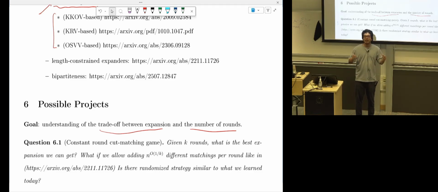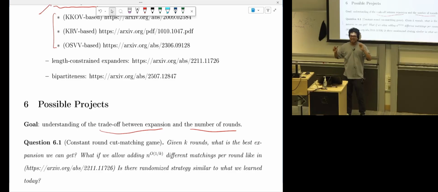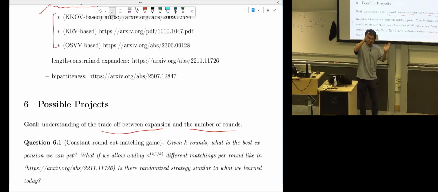But what if the cut player chooses A_i B_i, C_i D_i, E_i F_i, and the matching player needs to add a matching for each pair of sets that we choose? So the cut player has more power. It forces the matching player to add matchings in many places.